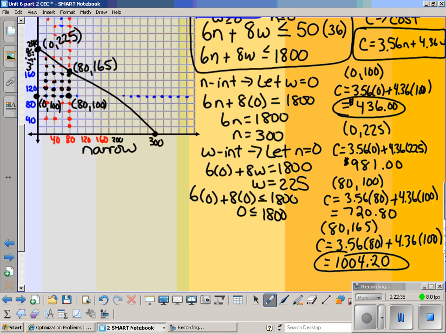So what we can now say is that the minimum cost would be $436, and that will occur when you use 0 narrow boards and 100 wide boards.